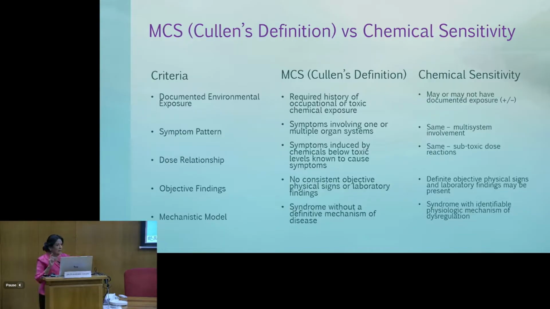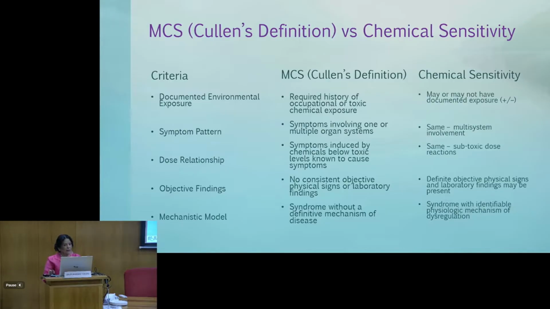Initially, multiple chemical sensitivity was a term coined by Dr. Cullen in 1987, who is a proponent of occupational medicine. According to his criteria, there must be a documented environmental exposure to a toxic chemical.